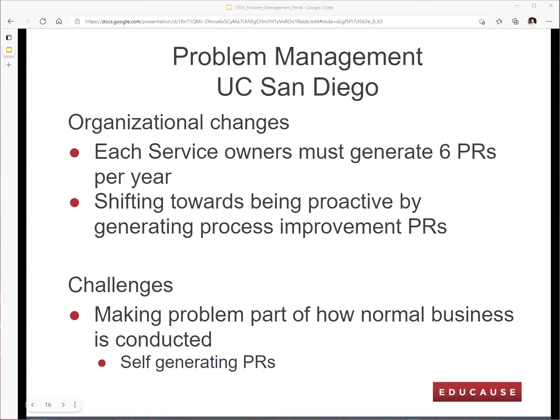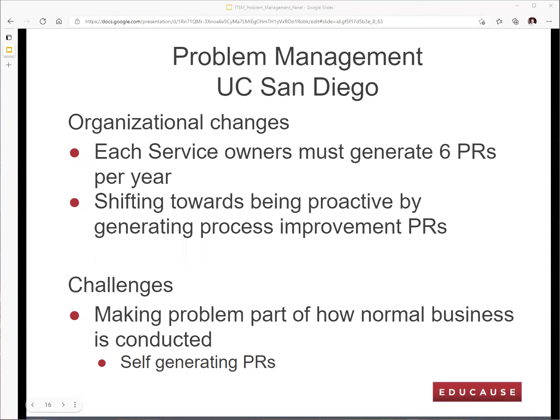Others generate process improvement tickets because they work towards trying to improve their services. We want people to be forward thinking, and so more process improvement problem tickets is the way we see to go, because it's the difference between being proactive and reactive.